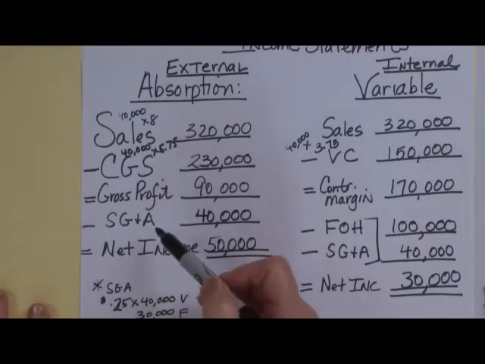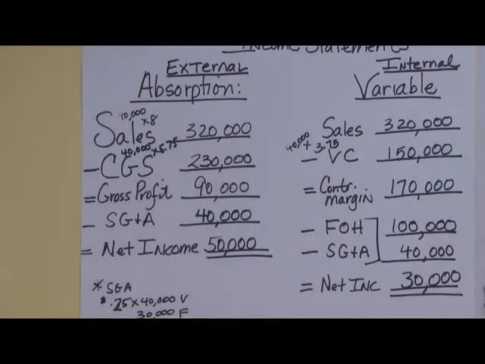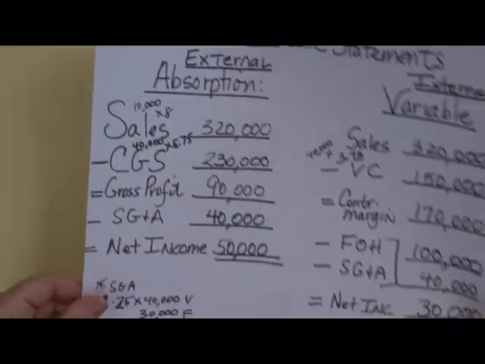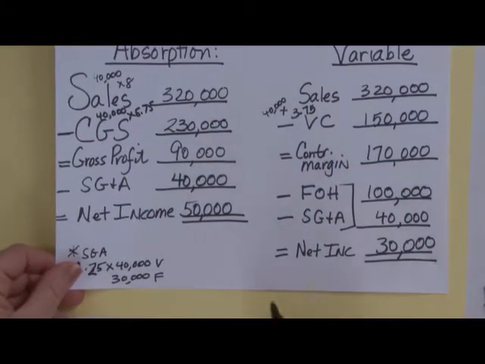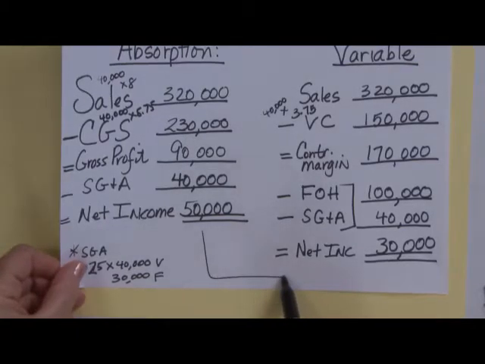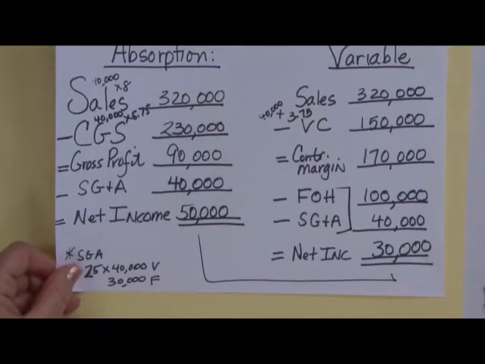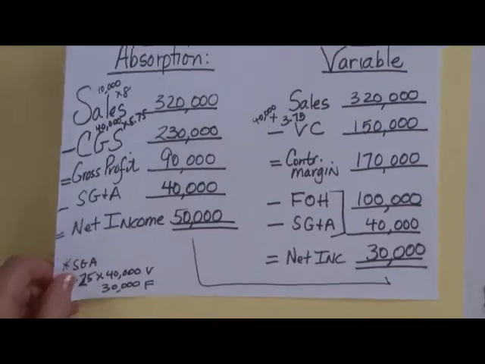And the fixed overhead is part of our cost of goods sold. Now, let's take a quick look at the outcome here again. You have $50,000 of income under absorption costing, but only $30,000 under variable costing.